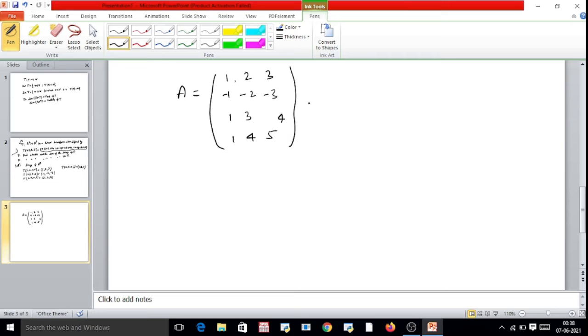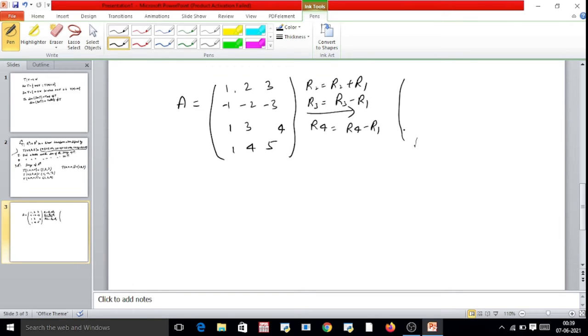For doing this, we are going to take row elimination operations. So R1 will be same, and below this pivot all entries should be 0. To make them 0, we operate like this: R2 is equal to R2 plus R1, and R3 is equal to R3 minus R1.